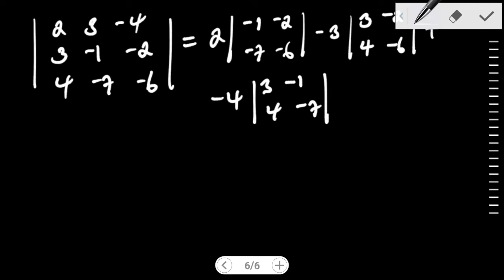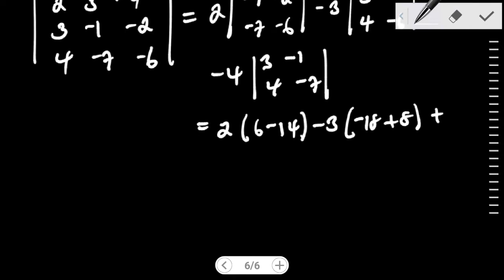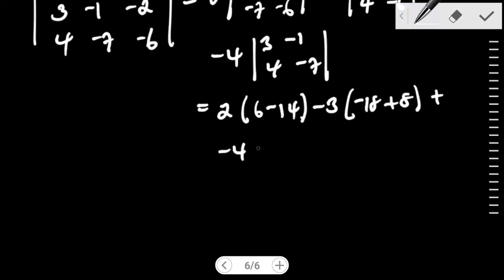Out of that, this is going to be equal to 2 into (6 minus 14), minus 3 into (negative 18 plus 8), plus negative 4 into (negative 21 plus 4).